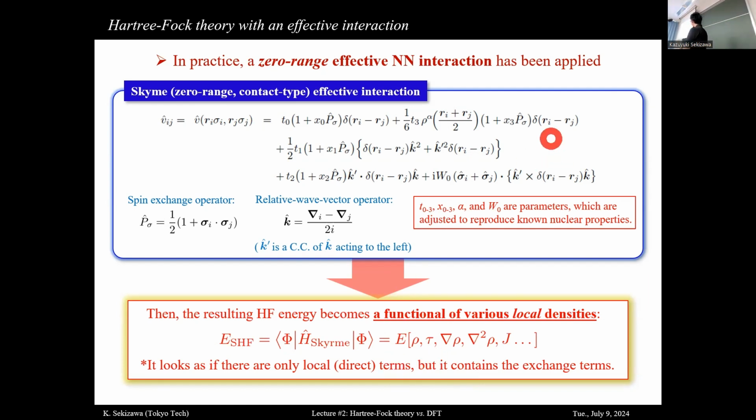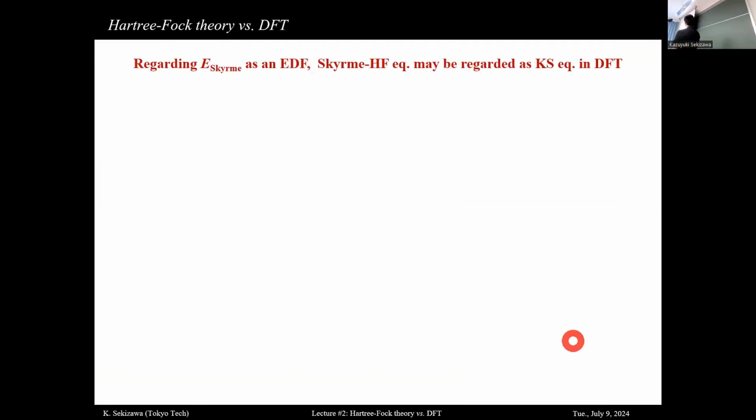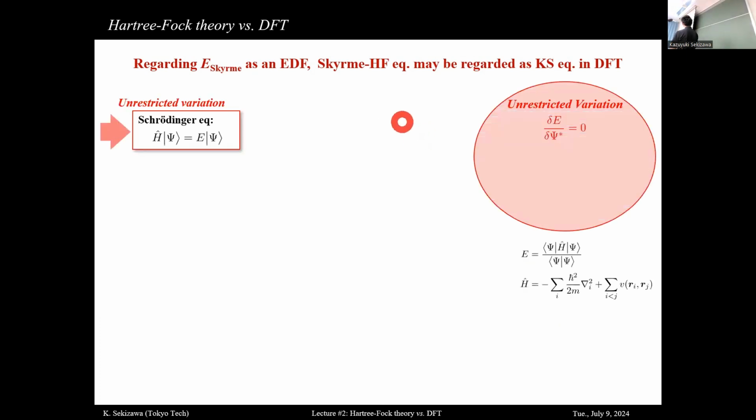And thanks to these Dirac delta functions, everything becomes local, some functional of local densities. You can perform the integration, eliminate all the redundant coordinates, and end up with those local densities. Okay, so now you are almost at the end of this lecture.